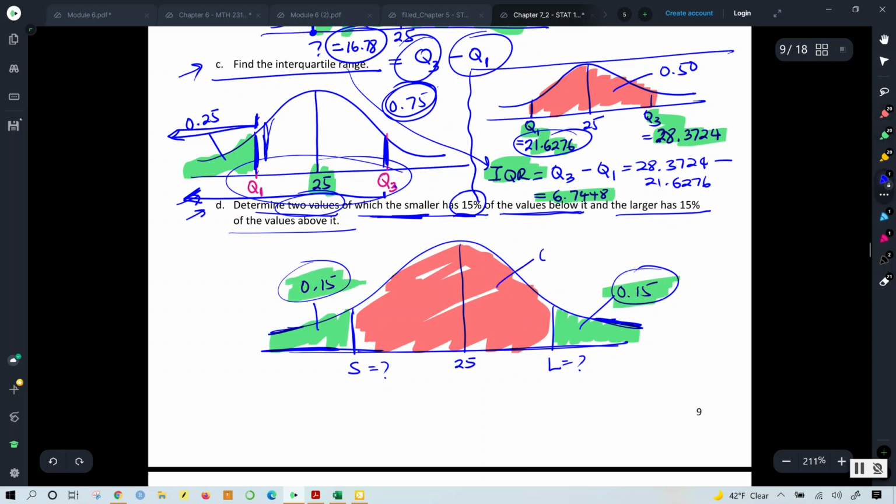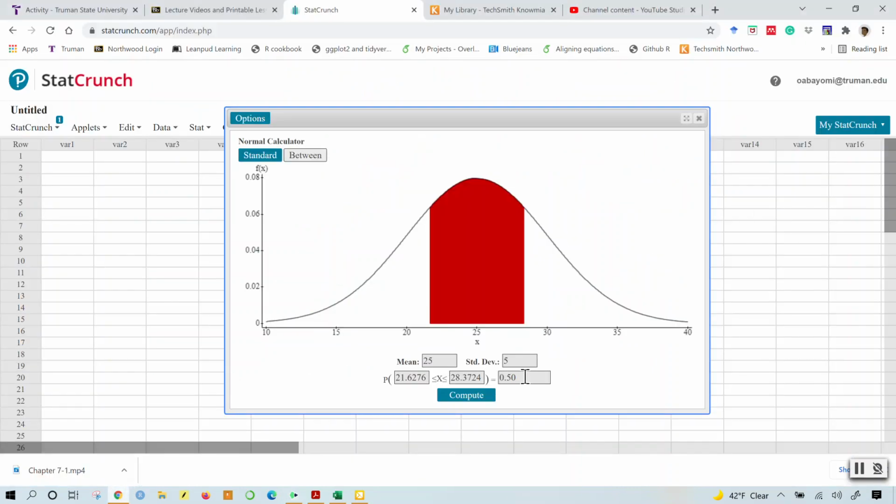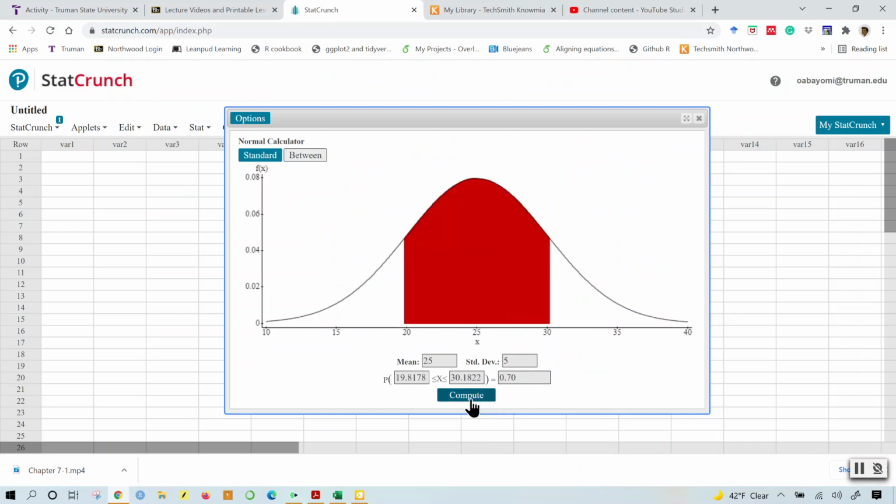So we're definitely left with 70% between them. So all I need to do in StatCrunch is to alter what I had before. This is 0.70, and I'll compute. So I have the smaller and I have the larger value, and I'm done with that question.